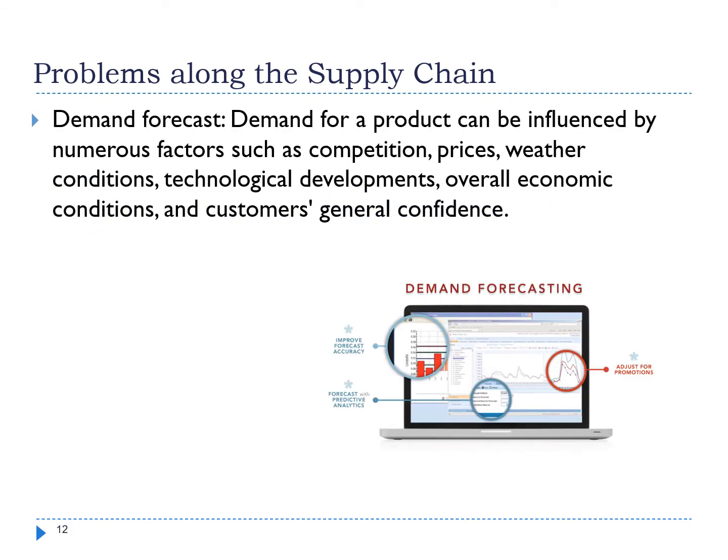A major source of supply chain uncertainties is the demand forecast. This is because demand for a product can be influenced by numerous factors such as competition, prices, weather conditions, technological developments, overall economic conditions, and customers' general confidence.